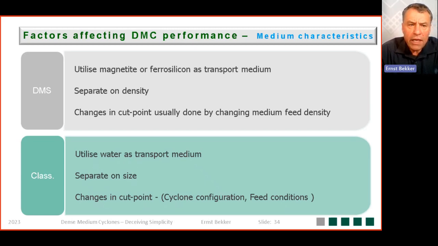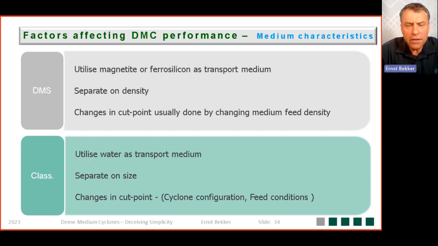So why this comparison? Well, if you have a dense medium cyclone processing ore and you stop the ore, and only process the medium through the dense medium cyclone, you don't have a dense medium cyclone anymore. You have a hydrocyclone.